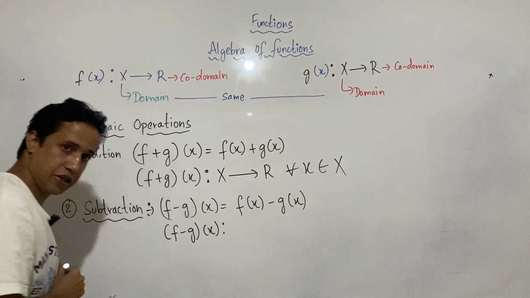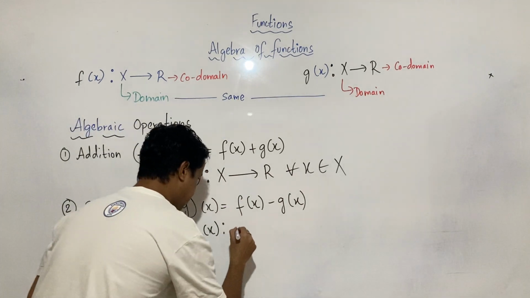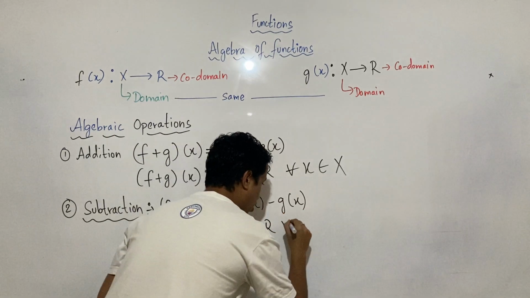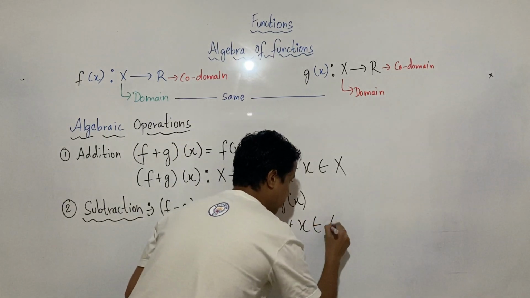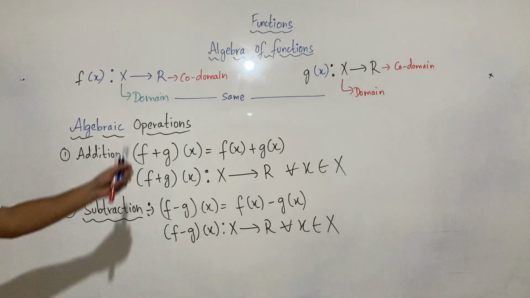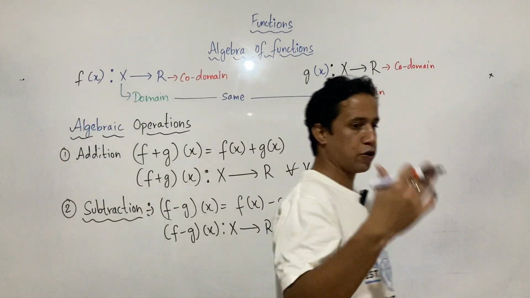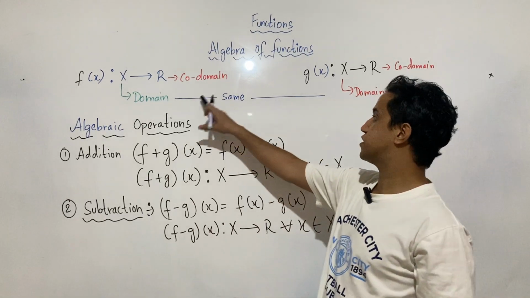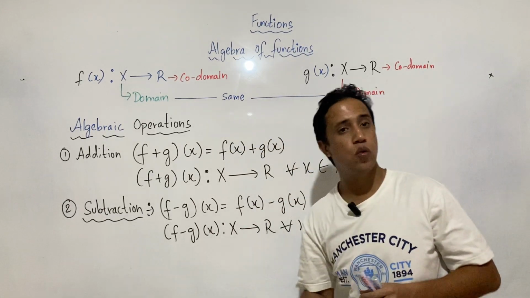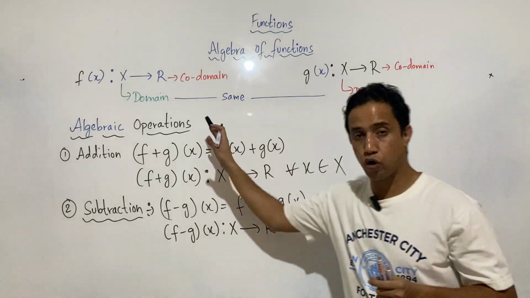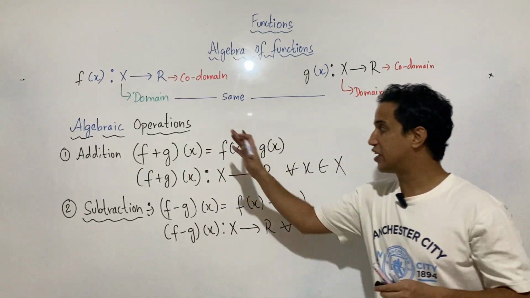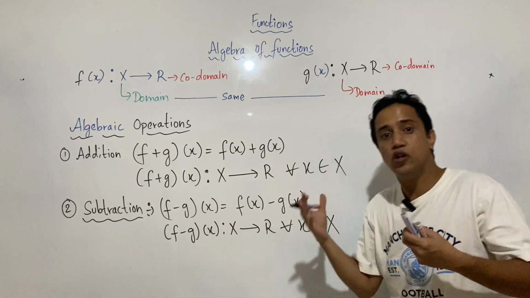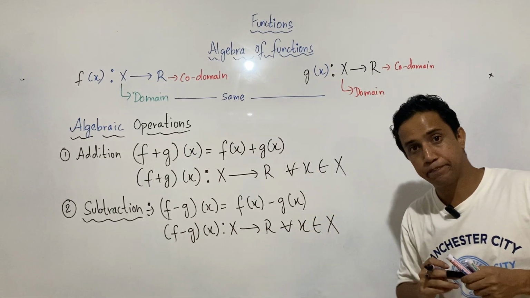It is a function defined from X to R for all x belonging to capital X. Why? Because the domains of both these functions are the same, so no matter what algebraic operation you perform on both these functions, the domain is still going to be the same.